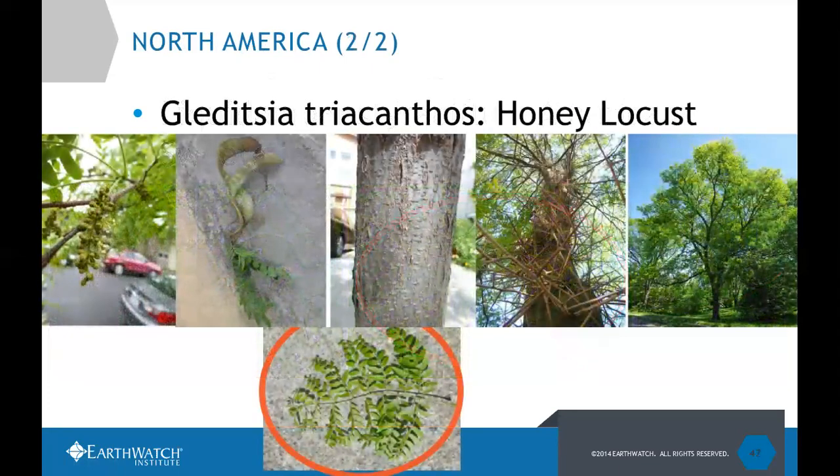The other North American species that we have on our list is the honey locust, or Gleditsia triacanthos. The way that you distinguish this tree is that it has very greenish bark, and it tends to be on the smoother side. When it grows, it tends to form these long flower clusters that eventually turn into pods. And these pods get very dark red as it matures and gets older.